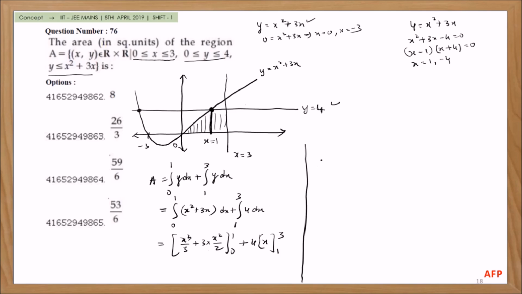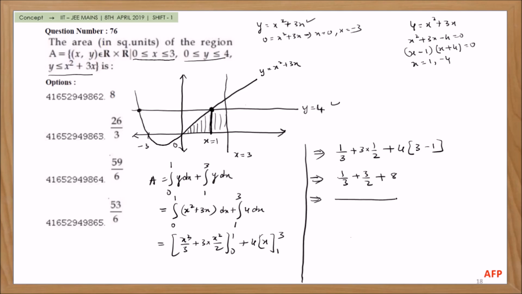Next we will go for simplification. We substitute 1 there: 1 by 3 plus 3 into 1 by 2. Next, if you substitute 0, you get the same, zero. Now 4 into (3 minus 1) gives 8. So 1 by 3, 3 by 2, and 8 you are getting.